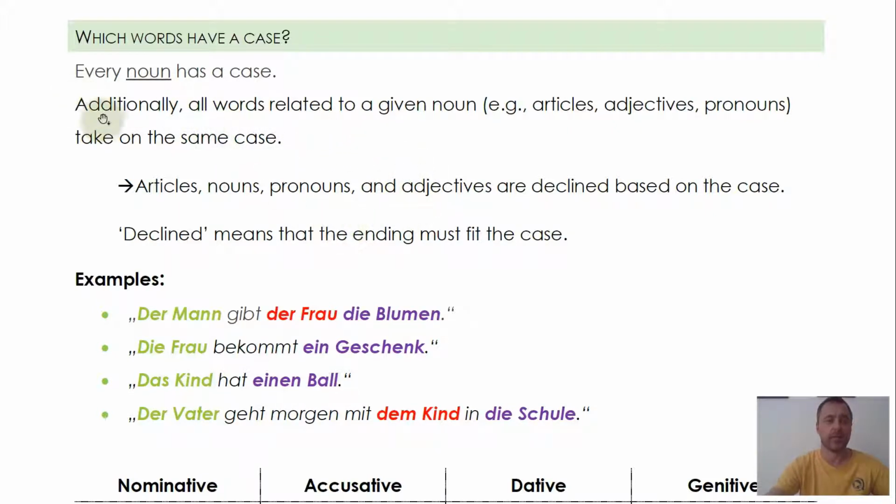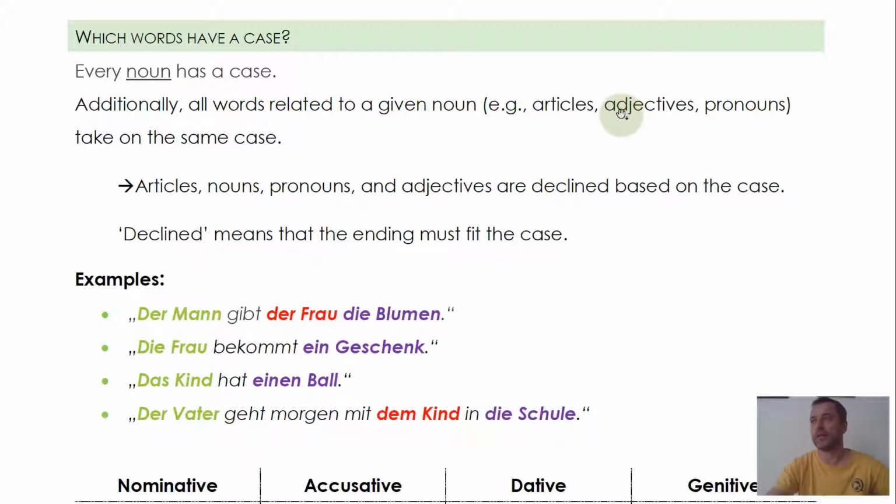And on top of the noun, every word that is related to the noun gets the same case as the noun. Those are, for example, articles, adjectives, and pronouns. They always take the same case as the noun they're related to. If you don't know what an article, an adjective, or a pronoun is, I will link my playlist where I explain every single word group separately, but also check it out in your native language.